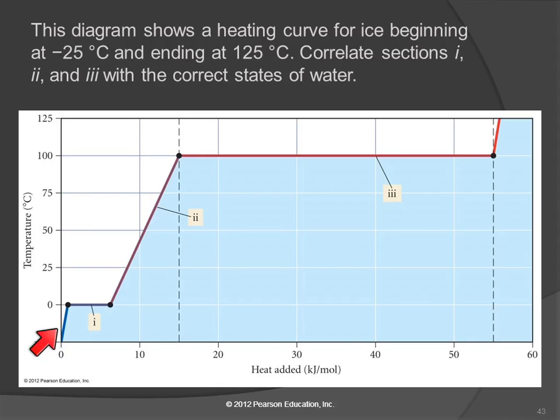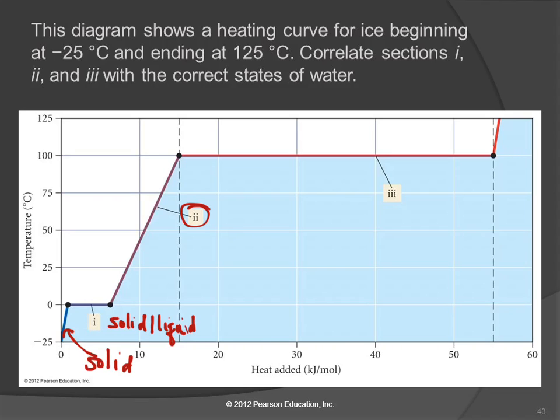So here, this section designated with a lowercase I, what's the state of water there? It's melting, right? So at I, we have solid and liquid. Okay, here we just have solid.